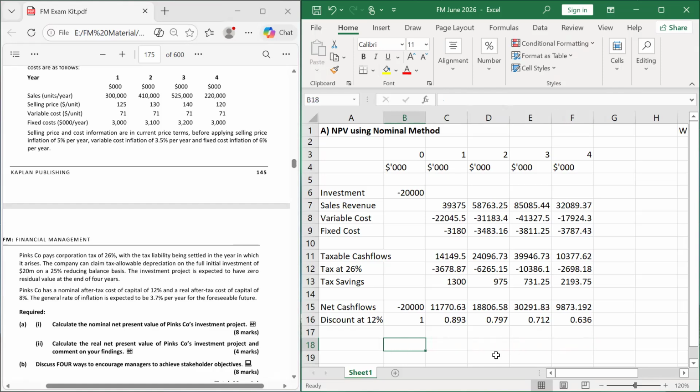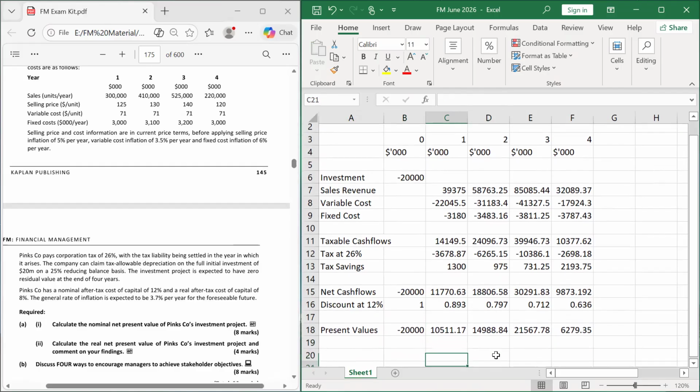So you can calculate the present values. Present value is gonna be this multiply by this. And then afterwards you can just copy the formula. Control C, shift, arrow, press the arrow, drag it, and press Control V.